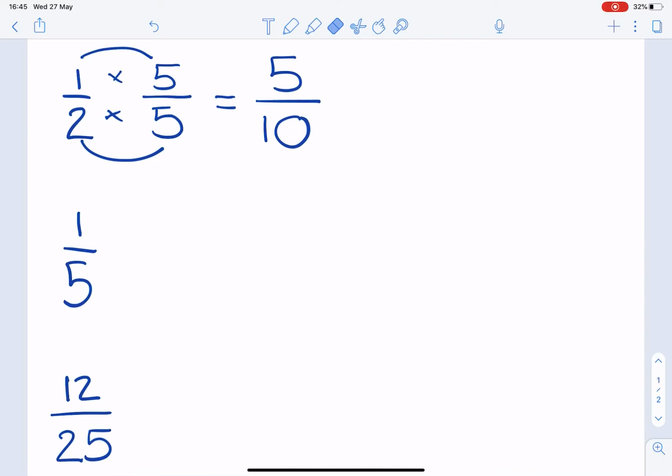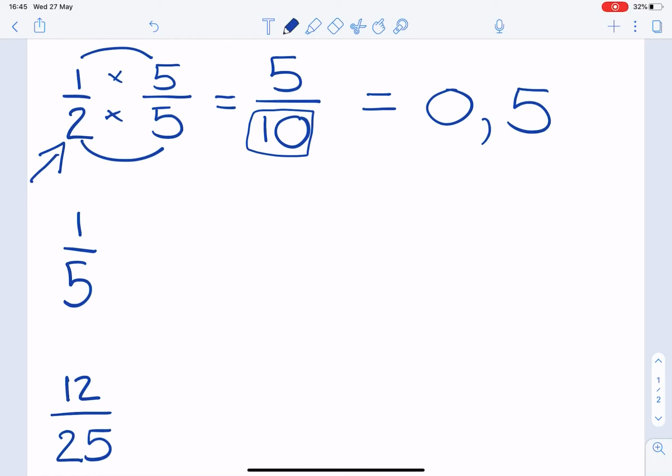Now that we have a tenth at the bottom, we can put it in our decimal columns. So 5/10 is 0,5. So a half is equivalent to 0,5 because we changed a half to have a denominator of 10.